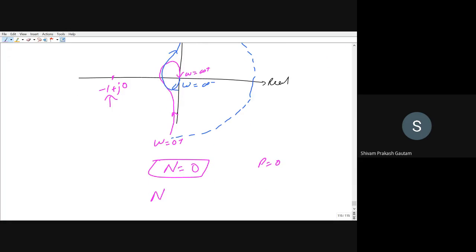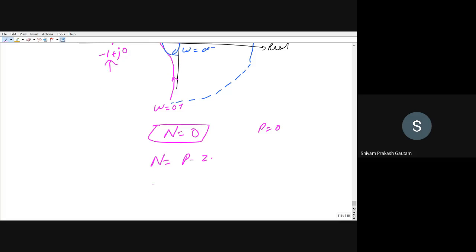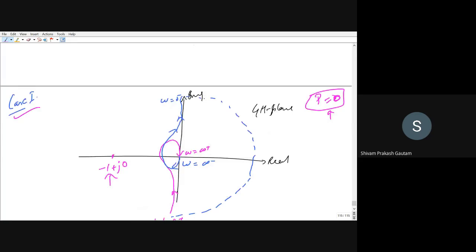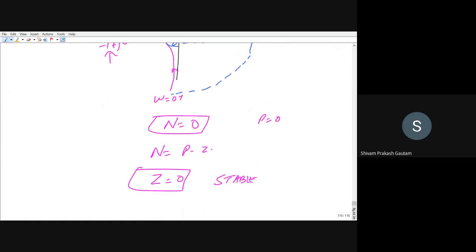So what is our formula? N is equal to P minus Z. Substituting the values of N and P, we get Z as 0. If this is the condition, then the system will be stable. So for case 1, if P is equal to 0 and there is no encirclement, that means the system is stable.